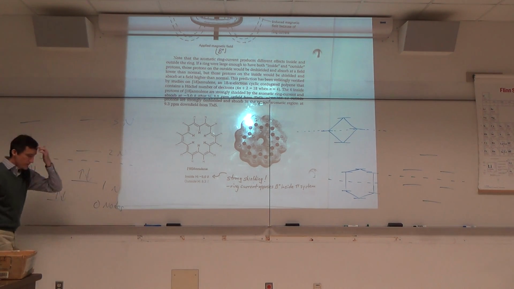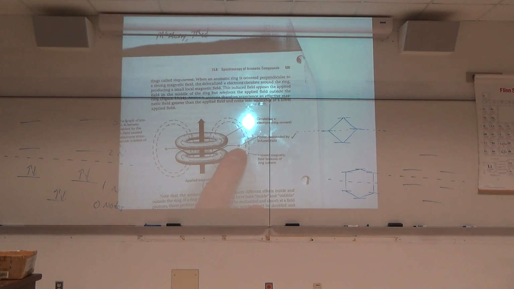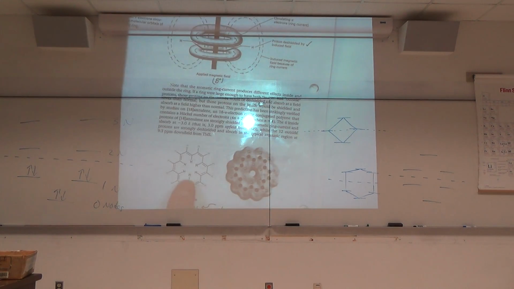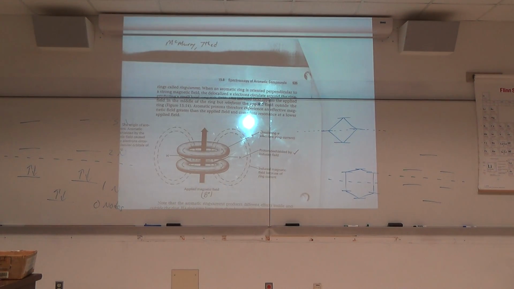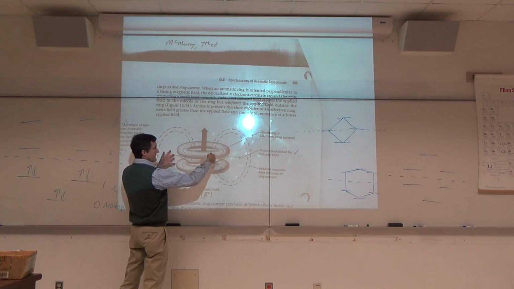Okay? Well, those on the outside are just kind of like this. And because it's such a large pi system, you just get a larger effect. Those that are in the middle are analogous to this with the H sitting here in the middle. Now, pretend this is sort of hollowed out and you've got an H in there.